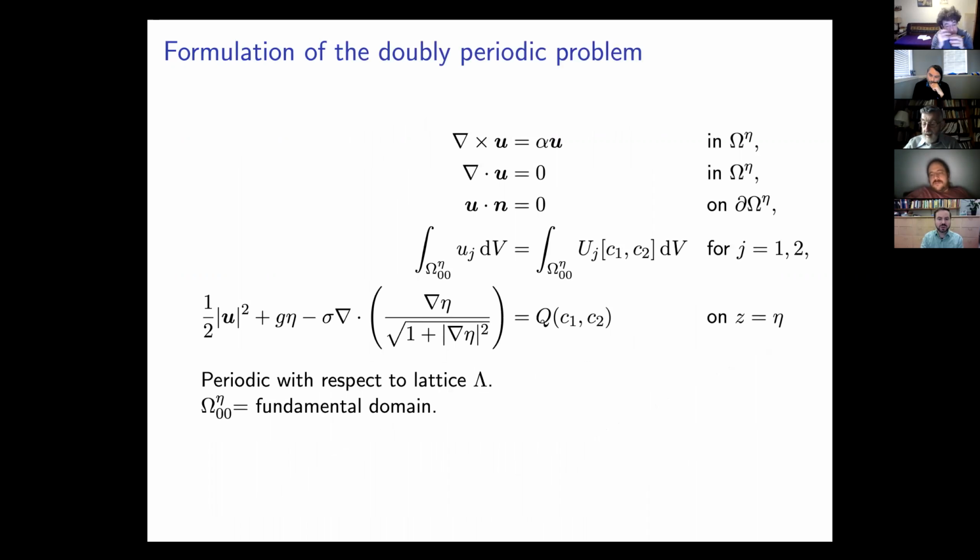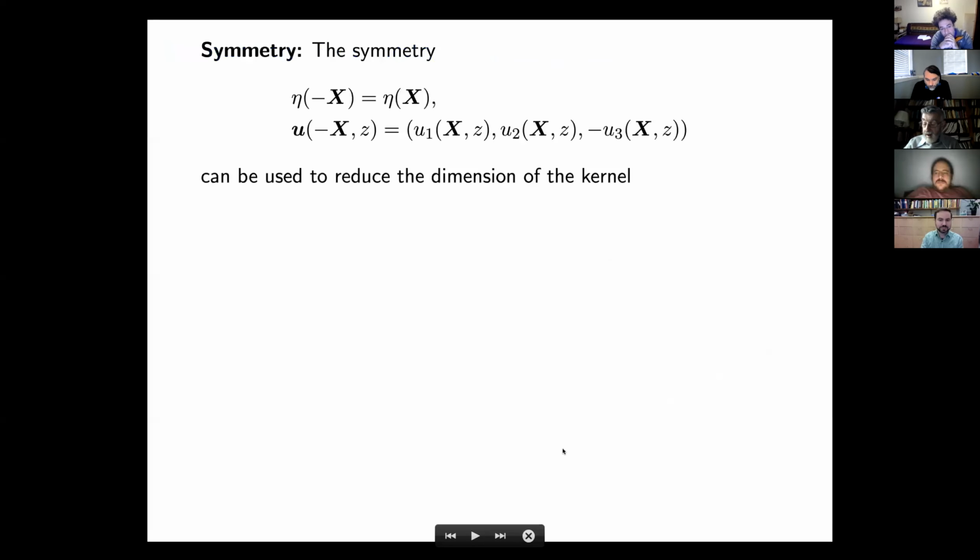And so, okay, I think I'll skip this. So, well, okay, we look for doubly periodic solutions again, and we have to add some sort of normalizing conditions, this integral condition essentially. Okay, and so a difference compared to the irrotational case is that we no longer have this symmetry in both x and y individually.